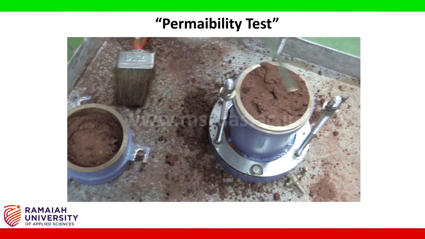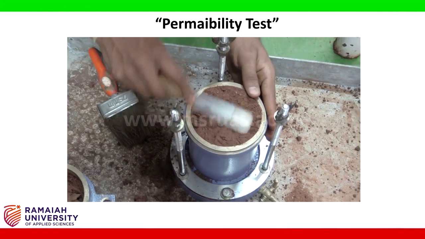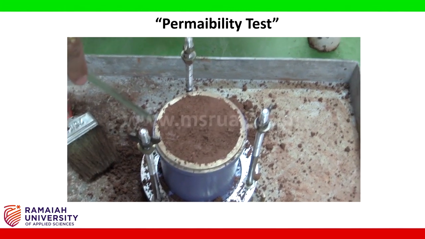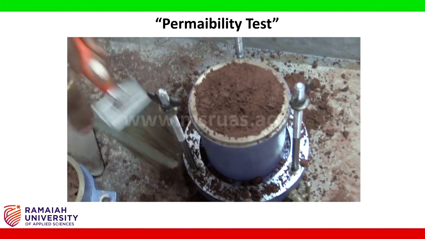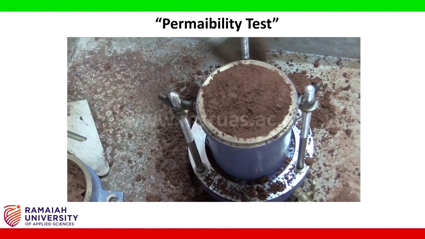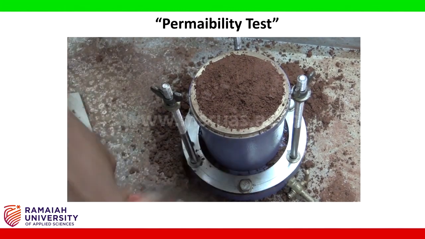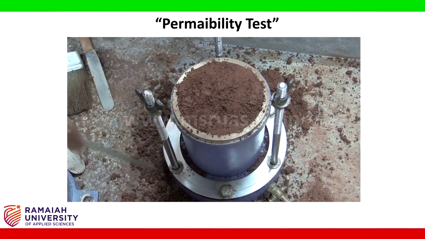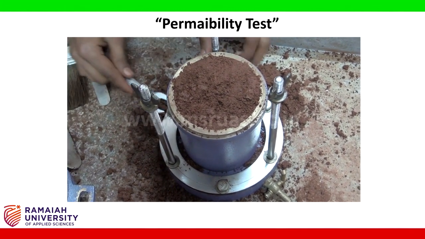Trim the excess material by making use of spatula. Once the surface of the mold is trimmed, it is now time to clean the excess soil and start loosening the bolts that are used to firmly place the mold with the base plate.